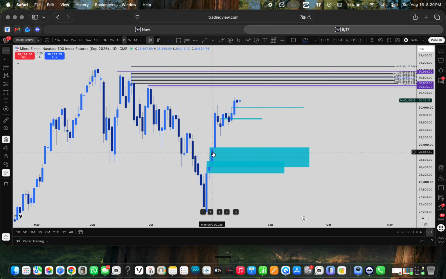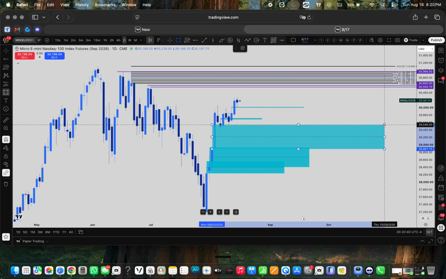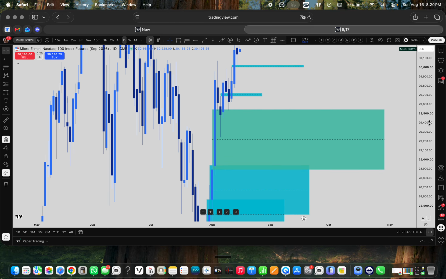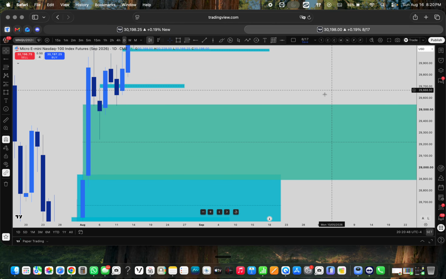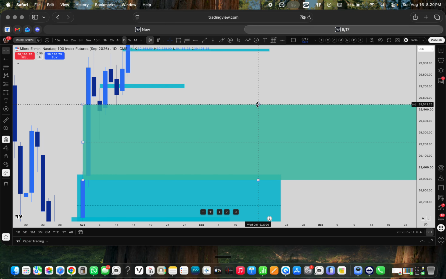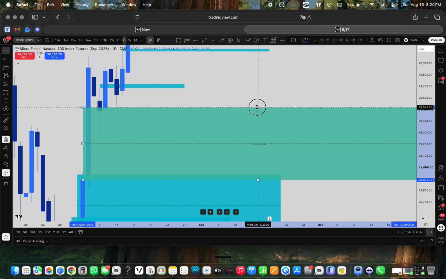And then we've got this nice long body here, really big bullish move. I'm gonna mark this up here, maybe change the color. Why am I marking this? Because I notice it shows a huge volume imbalance.